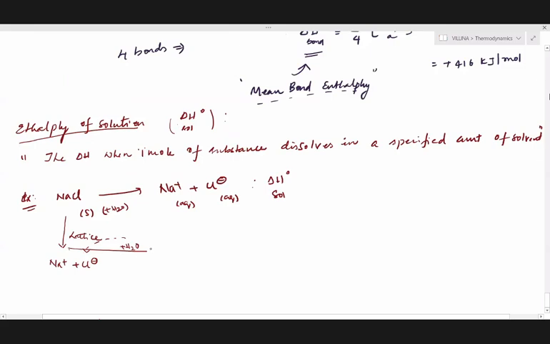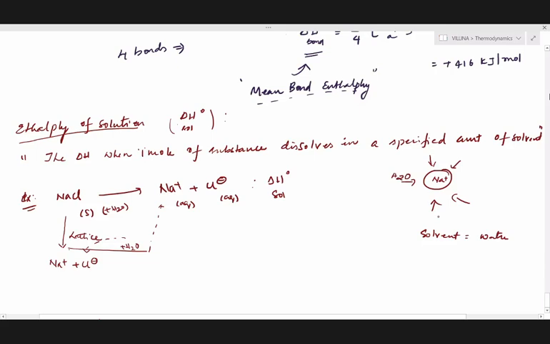So, what we have learned, right? If the ion is there and the solvent molecules are associating around that particular ion, here the solvent is water, there will be certain energy released, that we call enthalpy of solvation. Some energy will be released in the process of association of solvent molecules, in this case H2O.